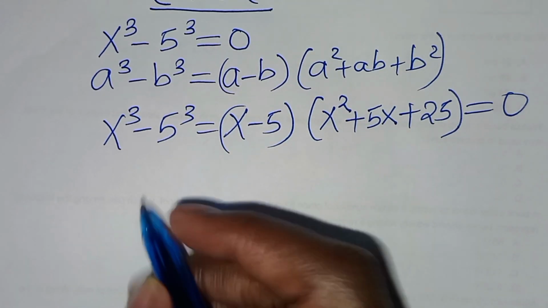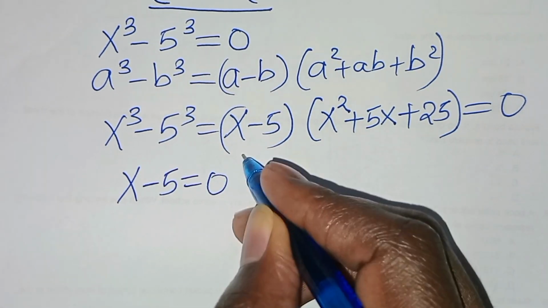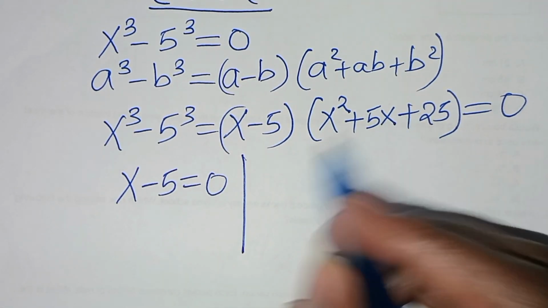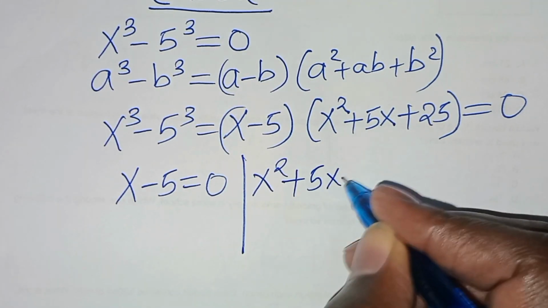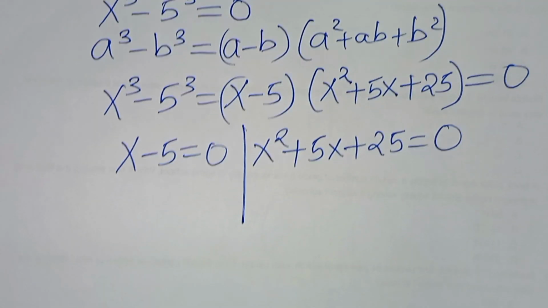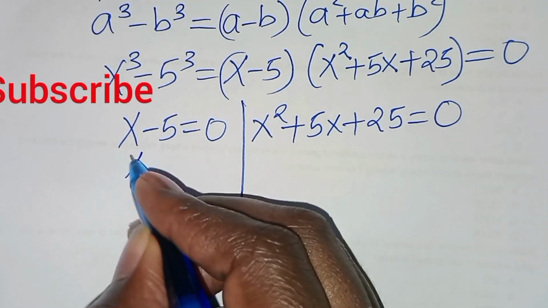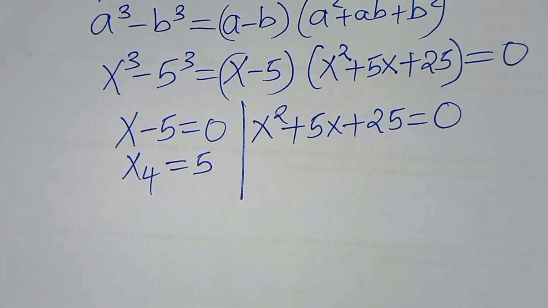Now here we have two parts. The first part is x minus 5 equal to 0, and we have the quadratic part, which is x squared plus 5x plus 25 equal to 0. So here we have x4 equal to 5.